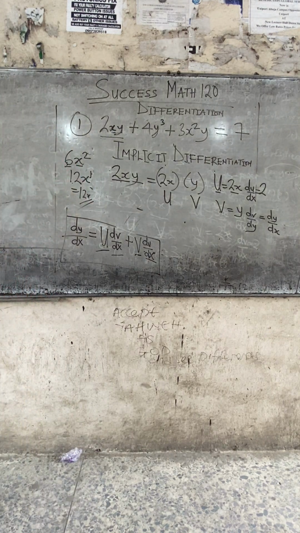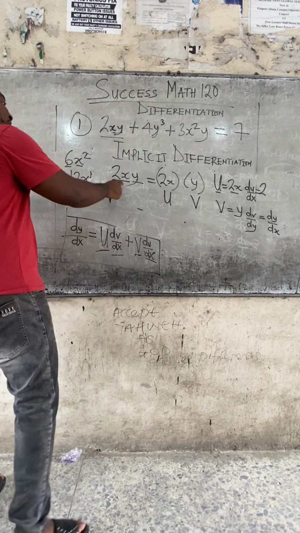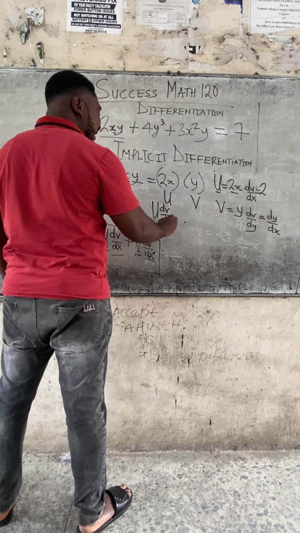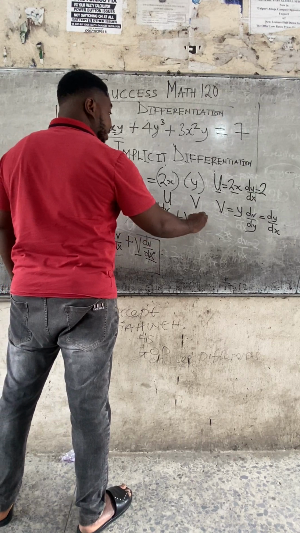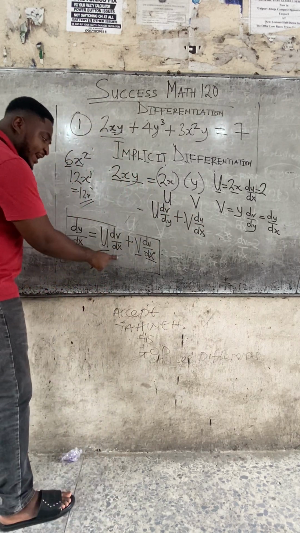Class, follow me. So our differentiation of this guy will be u dv dy plus v du. Class, in our main formula, it was u dv dx, right?